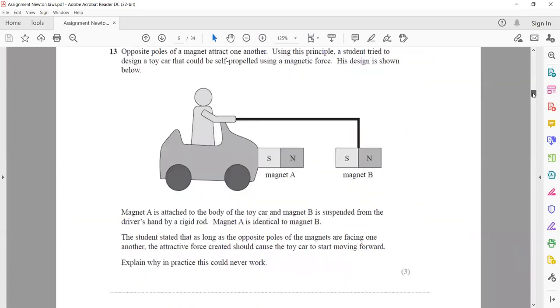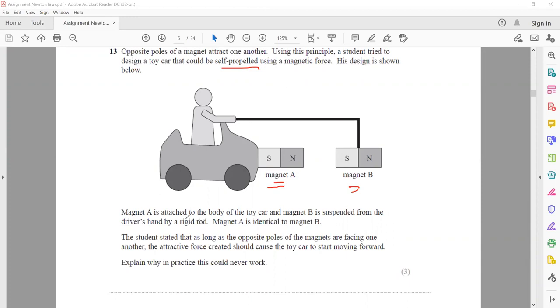Another question related to Newton's law. Opposite poles of a magnet attract one another. Using this principle, a student tries to design a toy car that could be self-propelled. He placed a magnet in front of the car and he's holding another magnet. His design is shown below.